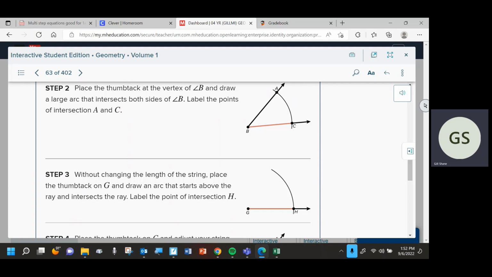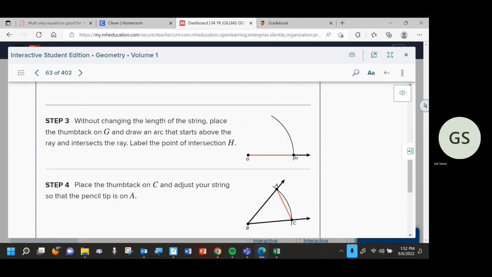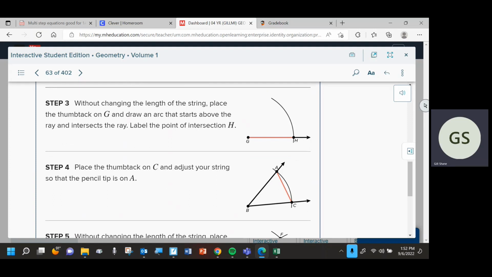I'm just missing that line. So now what I do is I take this again and I'm going to open it up to the length from this point to that point. So I take it and I open it up again. I put the pointy end on C. I open it up to where my pencil touches A. So the pointy end is on C. My pencil is on A. And then from there, I get that measure.